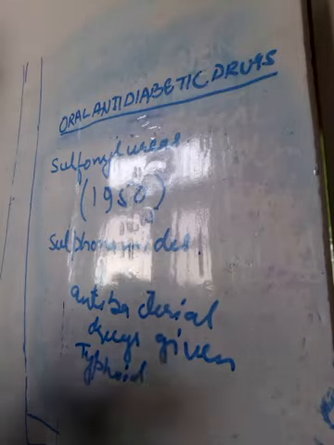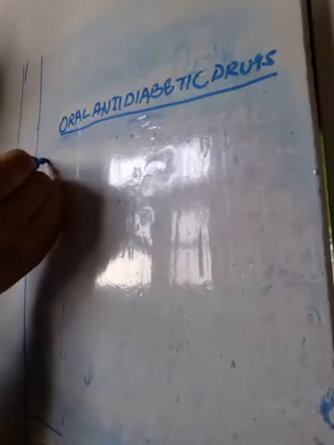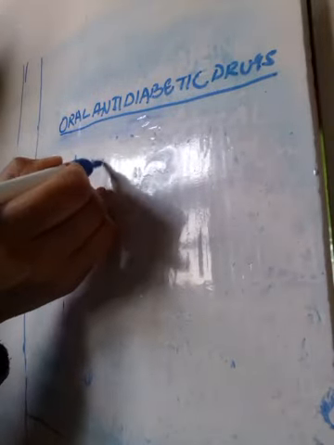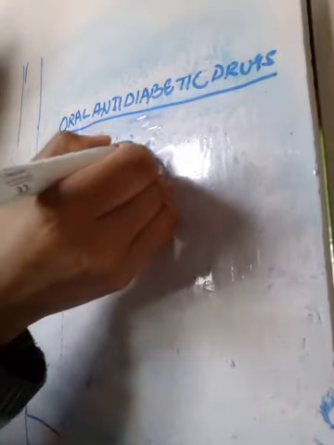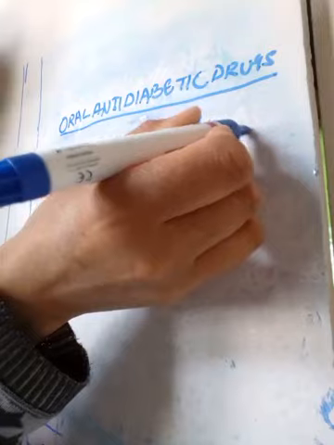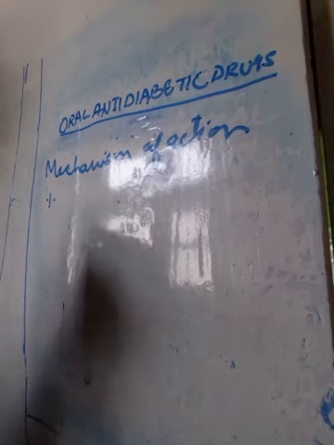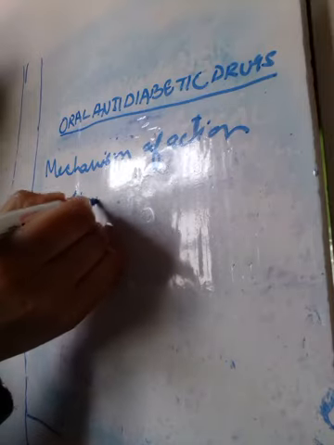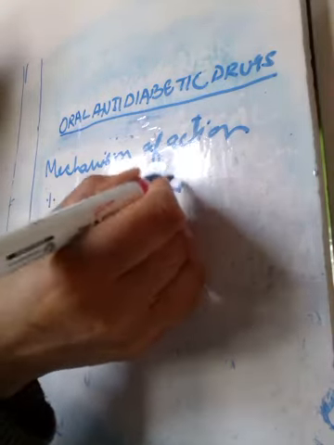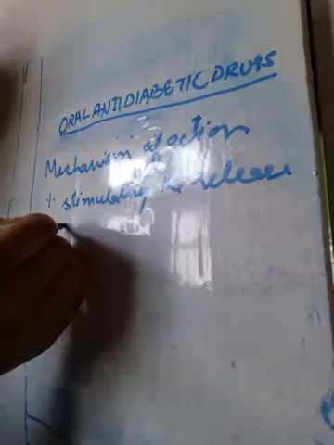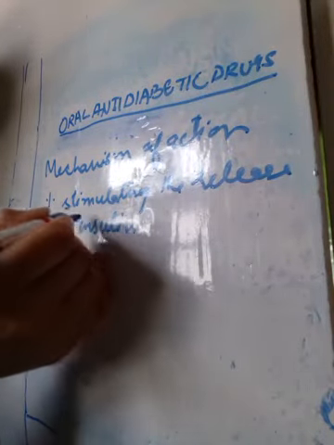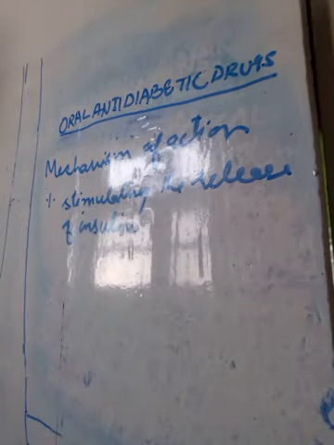So, let us first study about the mechanism of action of sulfonylureas. Sulfonylureas perform their action by stimulating the release of insulin from beta cells of pancreas.